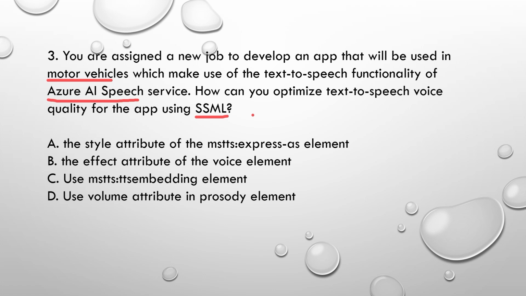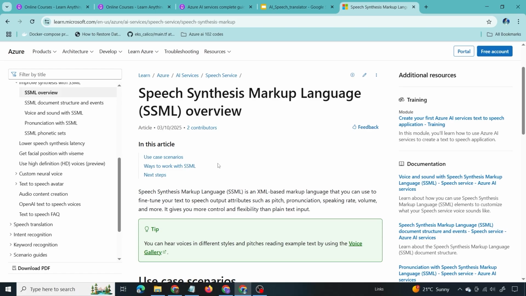Now let us get into the documentation. What is SSML? Speech Synthesis Markup Language, or SSML, is an XML-based markup language that you can use to fine-tune your text-to-speech output attributes such as pitch, pronunciation, speaking rate, volume, and more. So it is a markup language and it can be used to fine-tune your text-to-speech output.